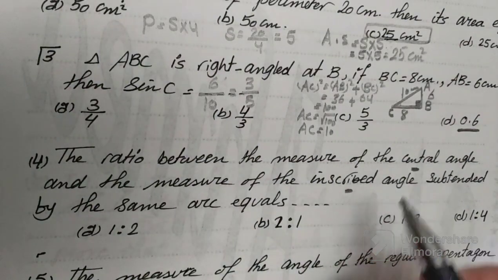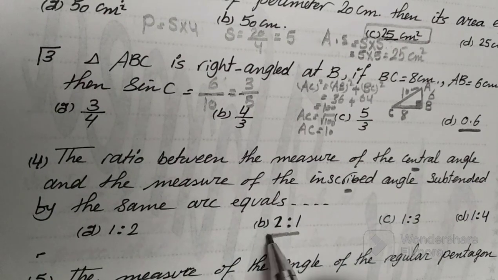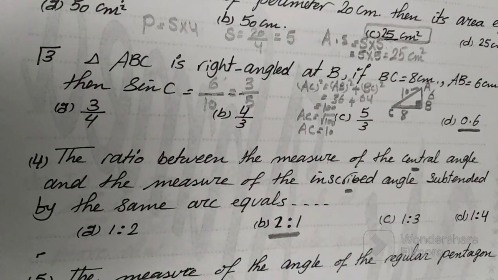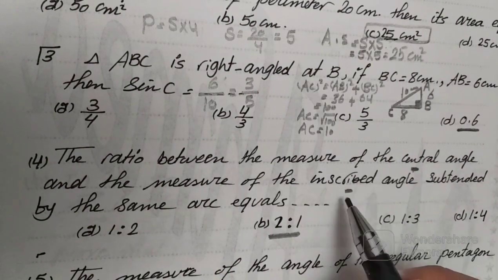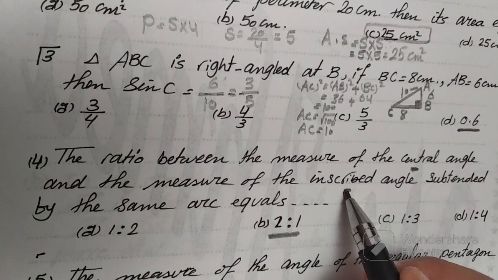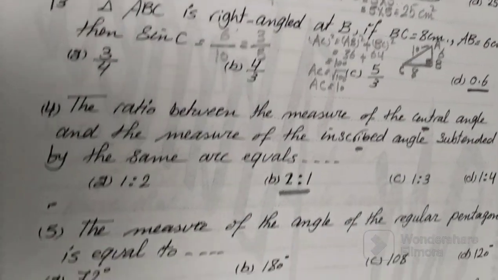The ratio between them is 2 to 1, because the inscribed angle equals half the central angle. But here the first is the central angle, not the inscribed angle. Okay?